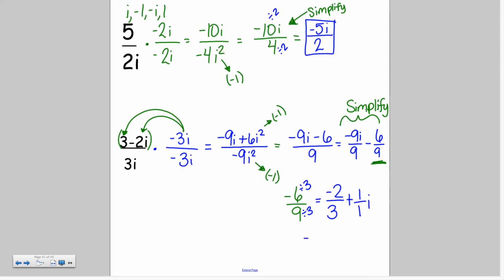Or I could just say I have negative 2 over 3 plus i. Sorry, negative, because that's a negative divided by a positive. So minus on those. Because negative 9 divided by a positive 9 is a negative 1. And that is my answer for that one.